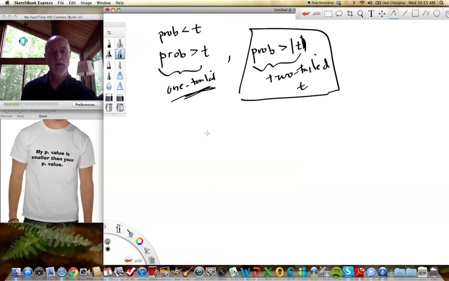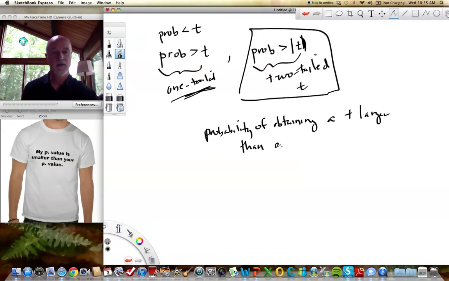We read it as the probability of obtaining a t larger than the one we obtained.